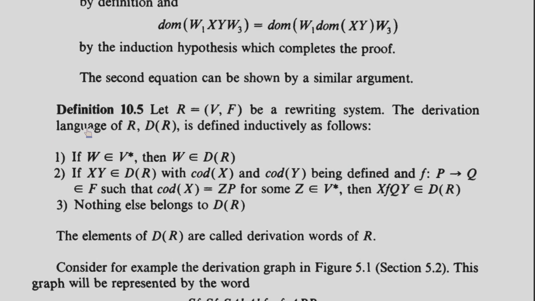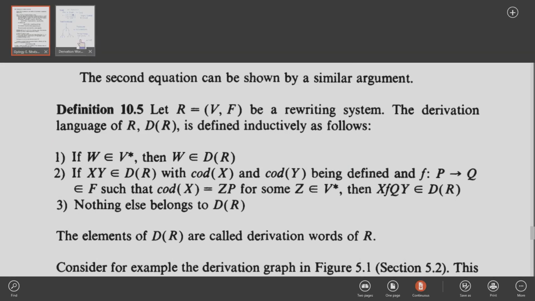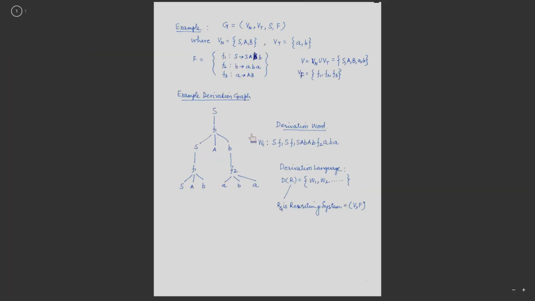Now we come to the language, the derivation language. Derivation language is actually a collection of all the derivation words. Let's take the example first, then we will define it. We take the same example. W1 is the derivation word.